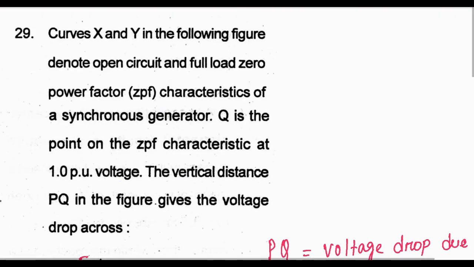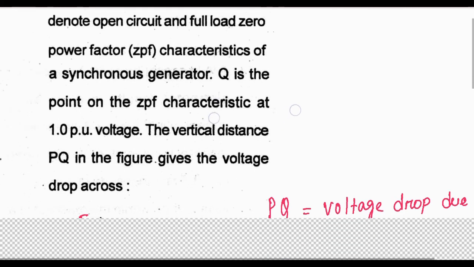Question number 29. Curves X and Y in the following figure denote the open circuit and full load zero power factor characteristic of a synchronous generator. Q is the point on the ZPF characteristic at 1 per unit voltage. The vertical distance PQ in the figure gives the voltage drop across.